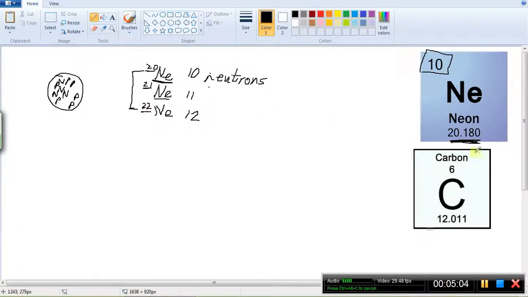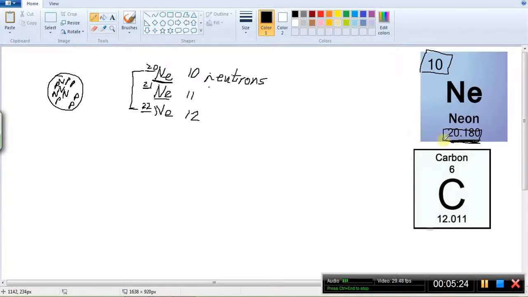And if we look here, the atomic mass on the periodic table is an average of all the naturally occurring isotopes of an element. So as it turns out, if we know the different abundances of the different isotopes in nature, then we can calculate the atomic mass.